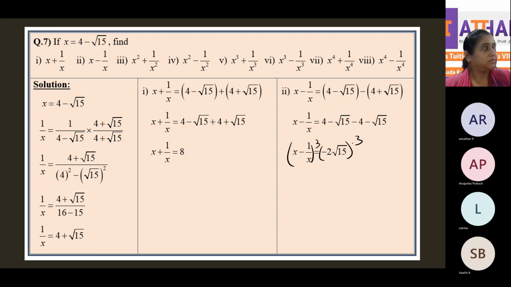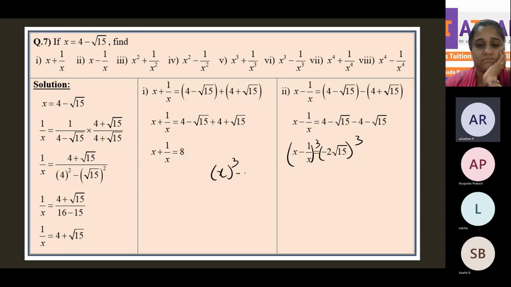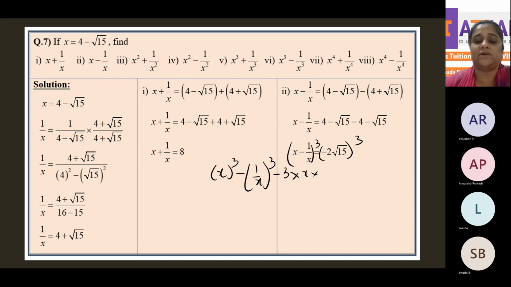All of you understand? So, what is a minus b the whole cube? Aniruddhan, are you there? What's a minus b the whole cube? a cube minus b cube minus 3ab, 3 into a into b, into a minus b.